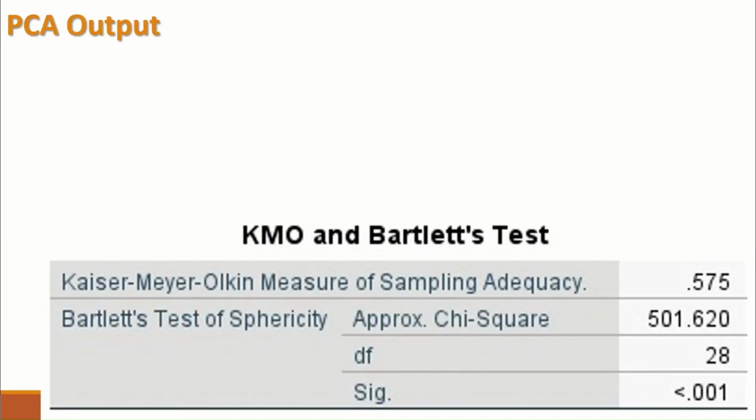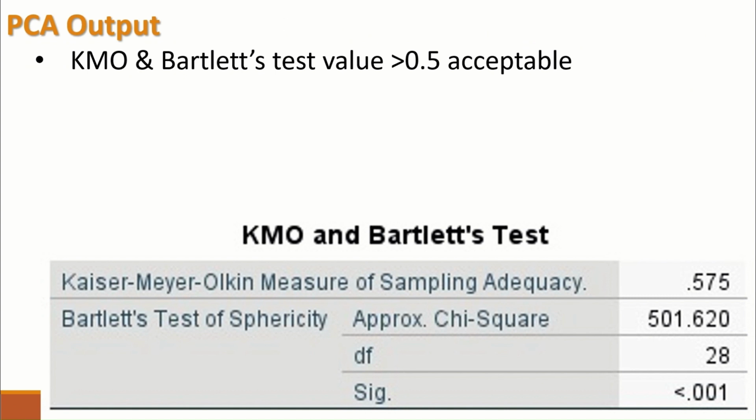The next slide shows an output for the KMO and Bartlett test. The value for sampling adequacy needs to be greater than 0.5, and ideally anything greater than 0.5 will be acceptable, but the higher the better. The p-value should be less than 0.05.